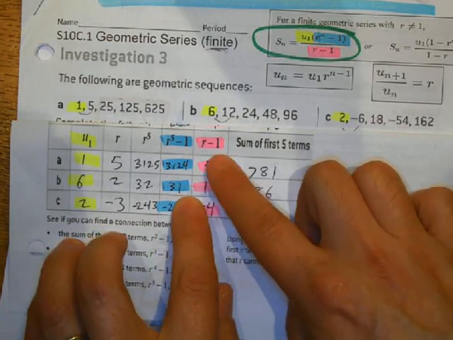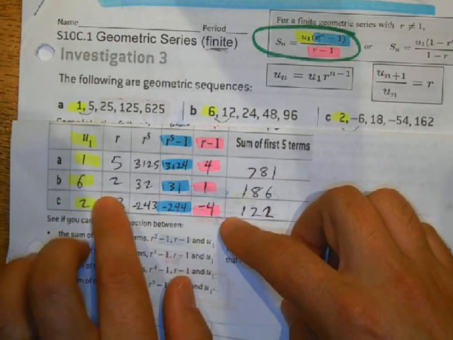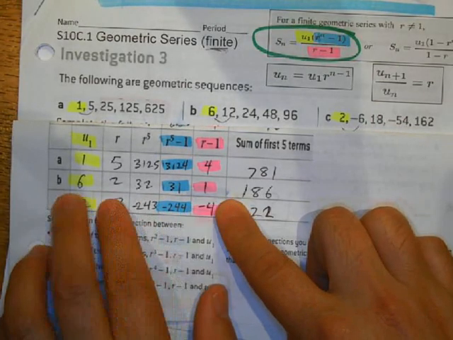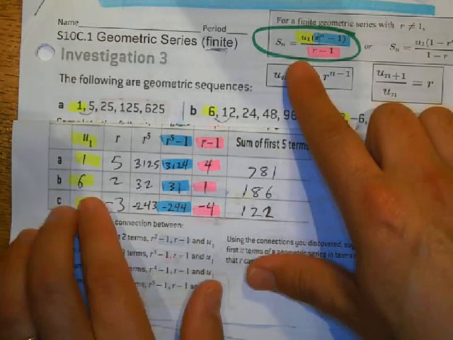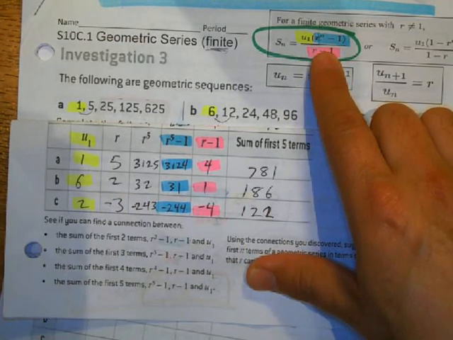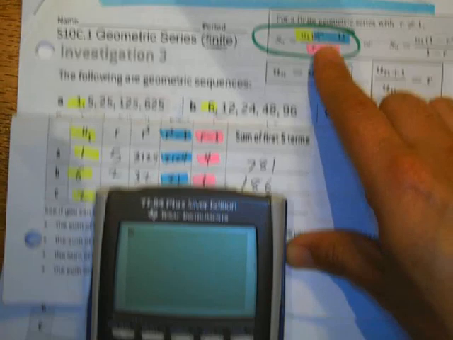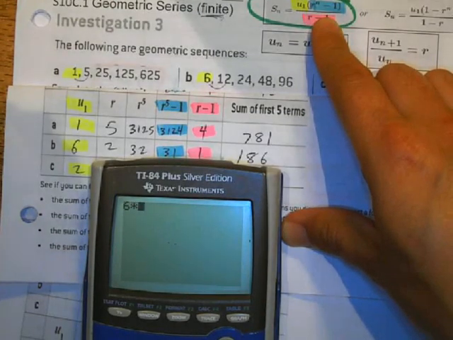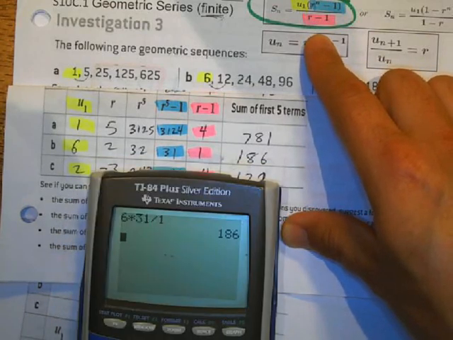And then R minus 1, 2 minus 1 gives me 1. So I've got my pink, yellow, and blue values here. So 6 times 31 divided by 1 gives me 186.